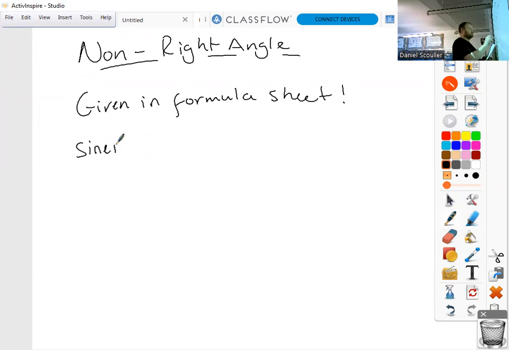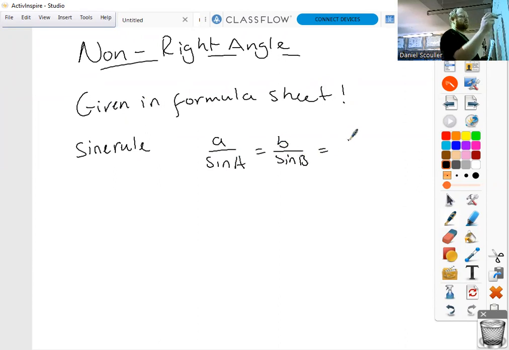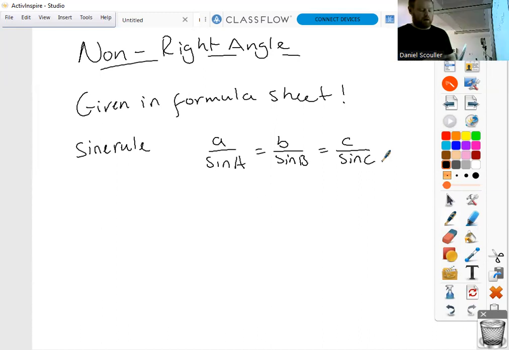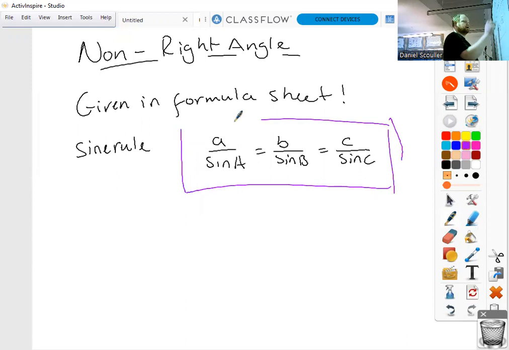So we've got the sine rule, which is a over sine A equals b over sine B equals c over sine C. And then you've got the cos rule and the area of the triangle as well. I won't write them out. They're on your formula sheet or any formula sheet you pick up. This is the rule that we wanted in this question.